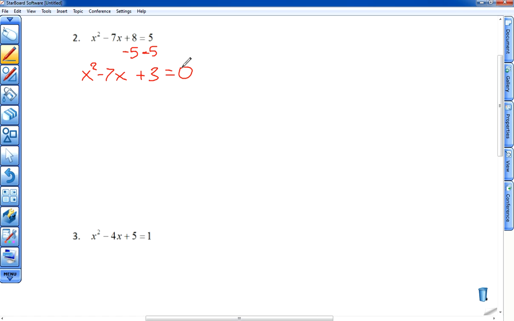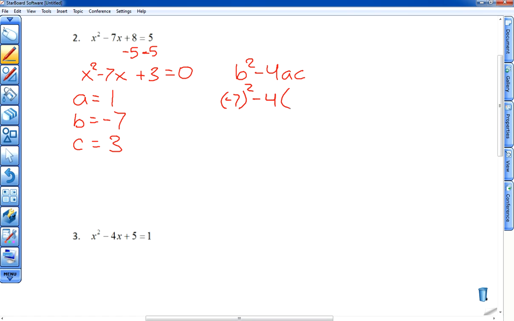Now that my quadratic is set equal to 0, I can calculate my discriminant accurately to determine the number and type of solutions. So x squared minus 7x plus 3, my a value is equal to 1, my b value is equal to negative 7, and my c value is equal to 3. So our discriminant, which is calculated from b squared minus 4ac, is negative 7 squared, minus 4 times a, which is 1, times c, which is 3.